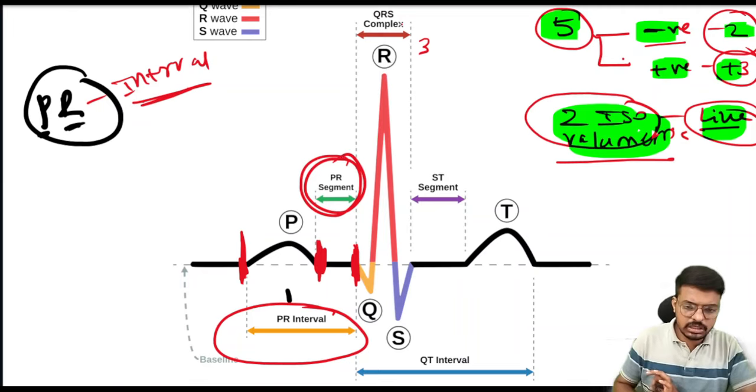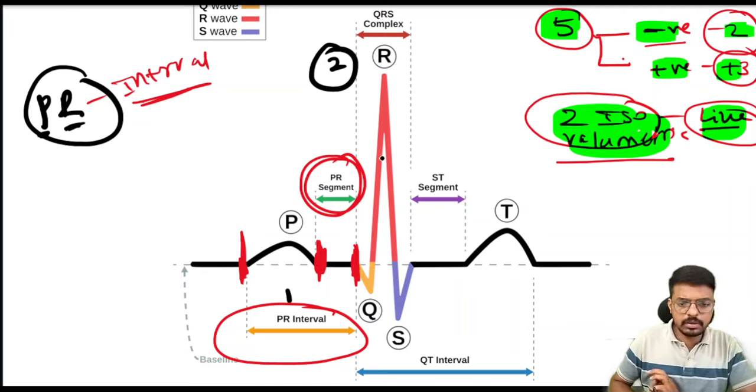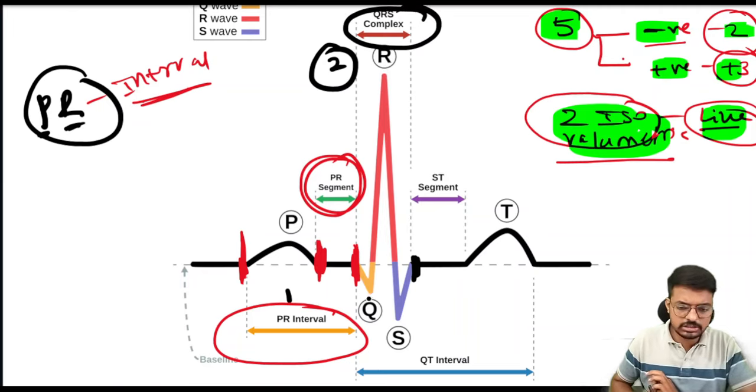The next one, the second, is the QRS complex. The QRS complex forms from the beginning of the Q wave till the end of the S wave. Very important: the QRS complex starts from the beginning of the Q wave and ends with the end of the S wave.